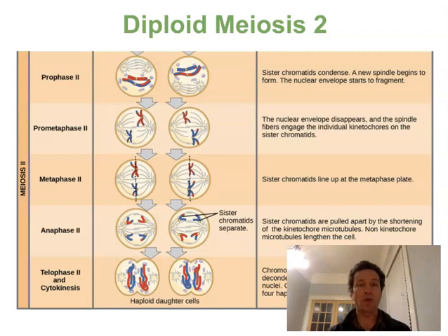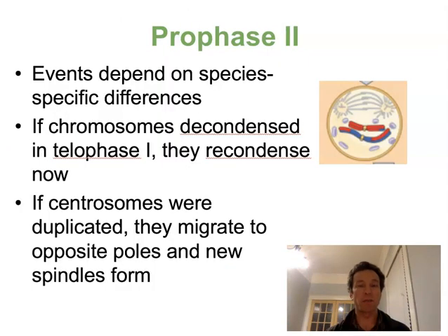So notice that between meiosis I and meiosis II, there is no additional replication of DNA. All we're doing is going from dividing the DNA once to dividing the DNA a second time. All of the steps of meiosis II are shown here, and there's a description at the right, but we will look at them pretty quickly, stage by stage.